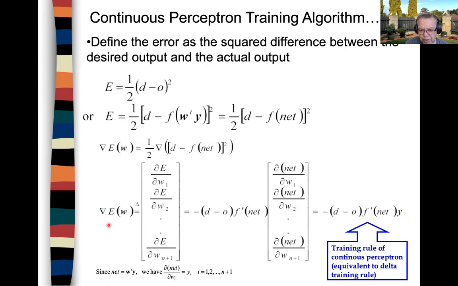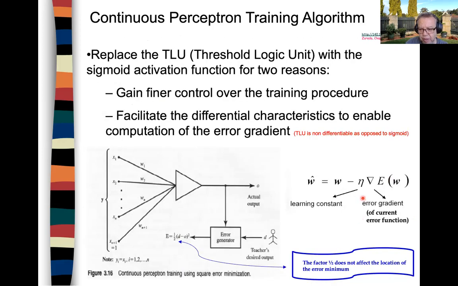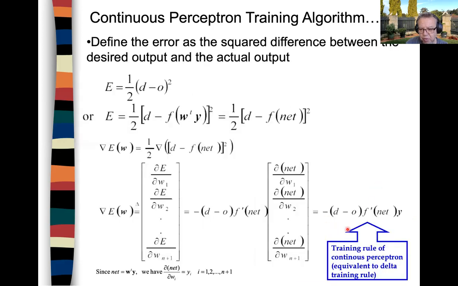So the gradient would be equal to minus the desired output minus the actual output, times the derivative of the activation function, times the input pattern y. So this is the training rule of the continuous perceptron, which is equivalent to the delta training rule. And so back to here, the new weight would be equal to the old weight minus eta times this gradient. And this is the learning rule. So this is the way we adjust our weights according to this formula.